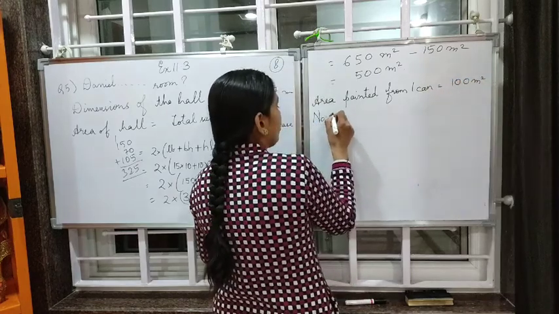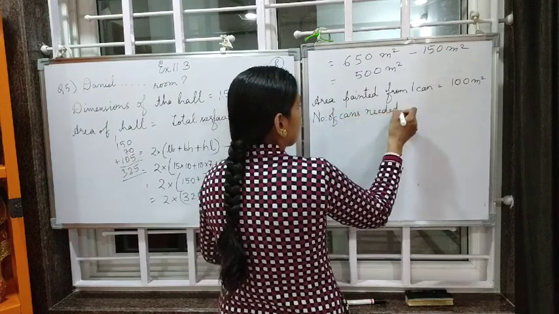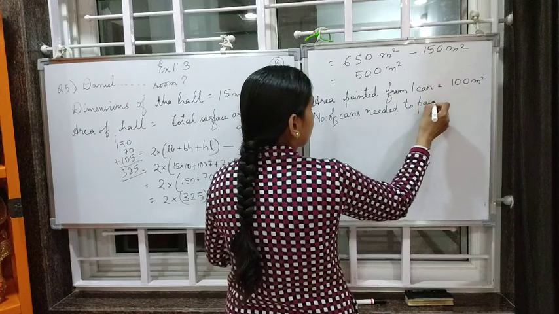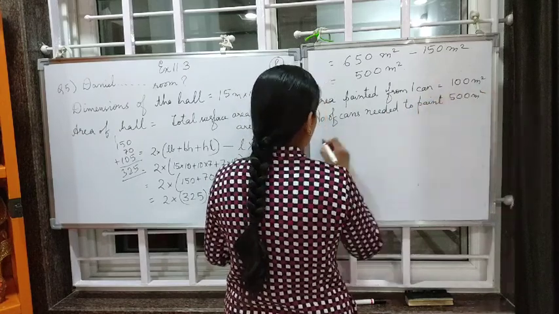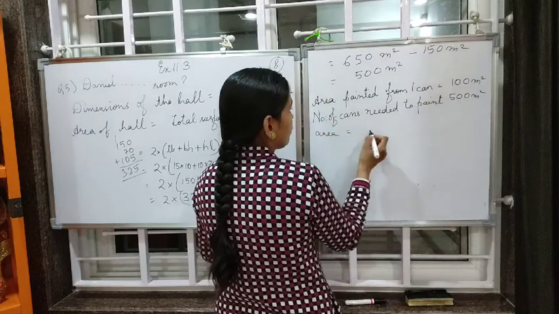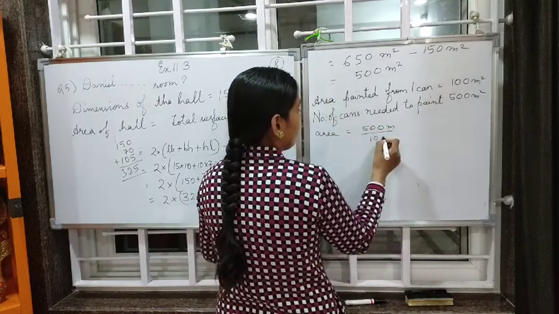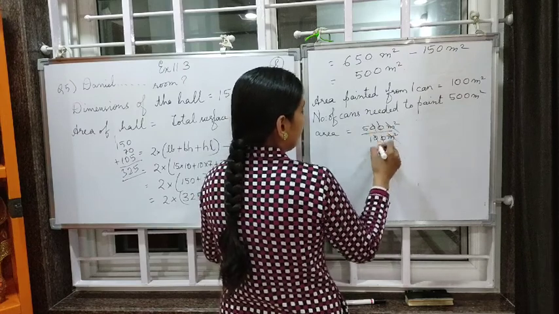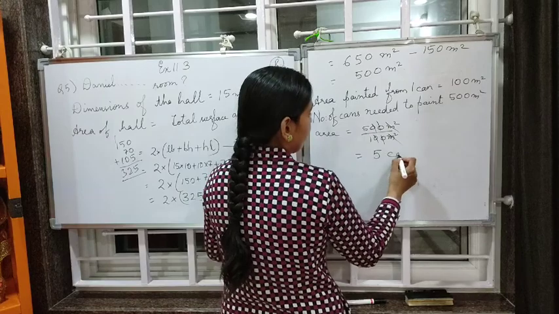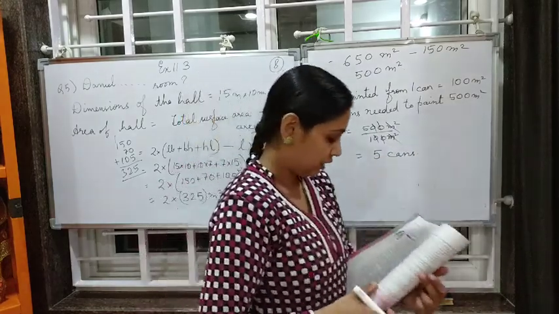Then number of cans needed to paint 500 meters square of area is equal to 500 meter square upon 100 meter square, got cancelled. So the answer is 5. 5 cans will be needed.